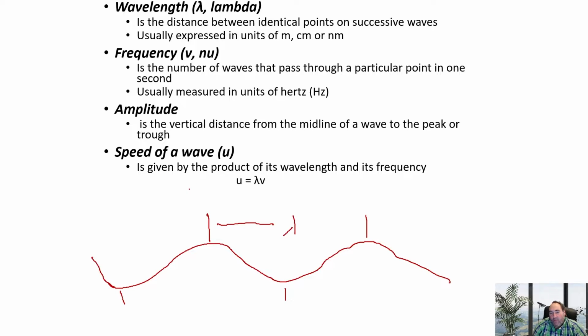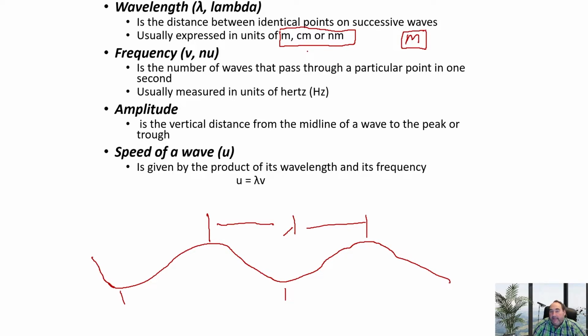So this is our wavelength here. Wavelength is the distance between identical points. Common units of wavelengths are meters, centimeters, and nanometers. And I would say in most cases, if you had to do some type of calculation, meters is usually where you want to get your wavelength to.